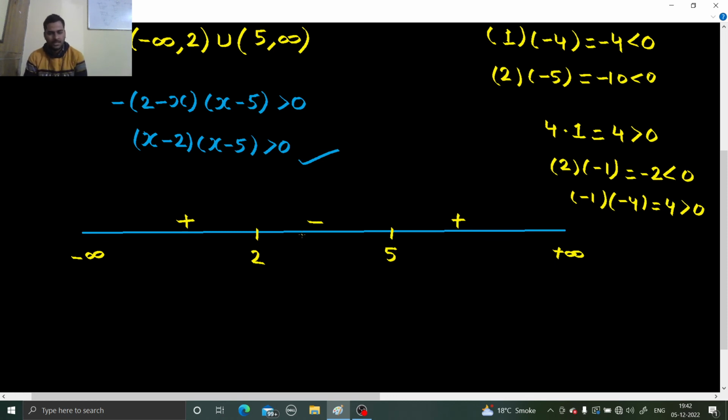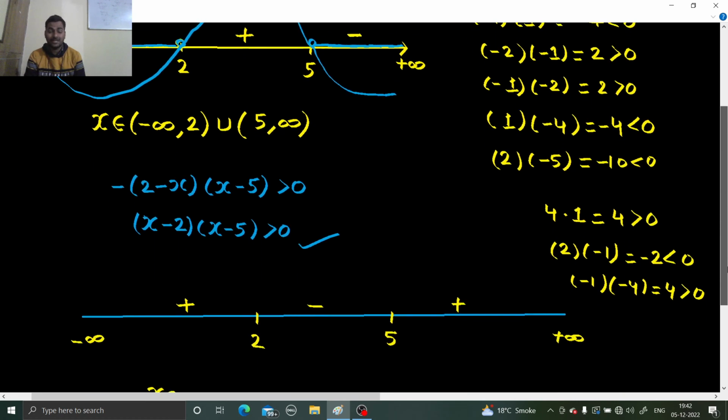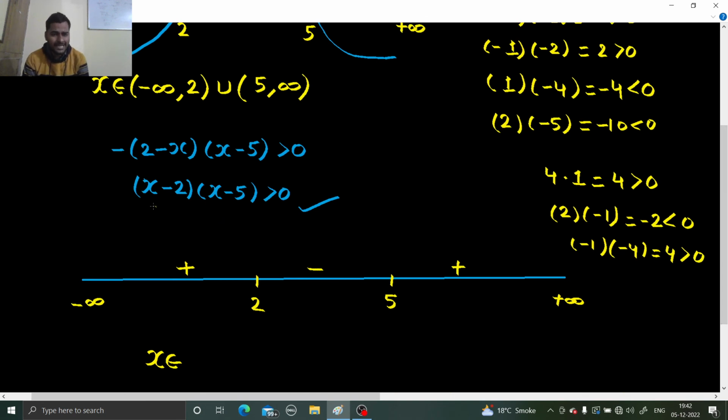Okay, and please concentrate, you will not consider this now for writing your solution. You will consider the changed inequality, because both are the same thing, but the number line and the situation plus minus plus is true only for this. So looking at this, it says greater than 0, so focus on greater than 0 only.